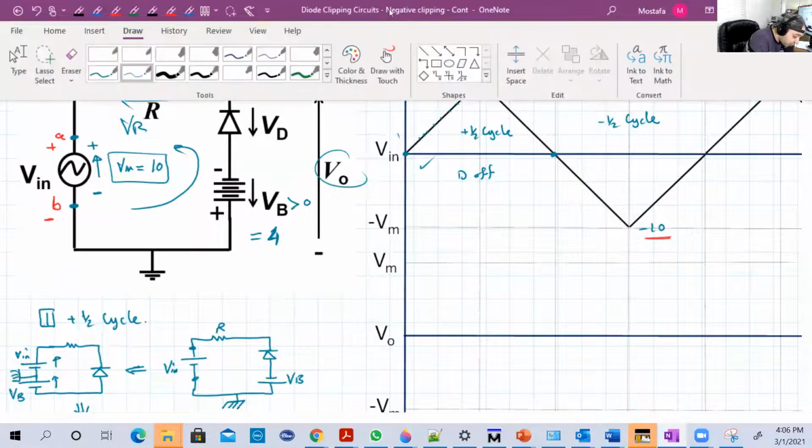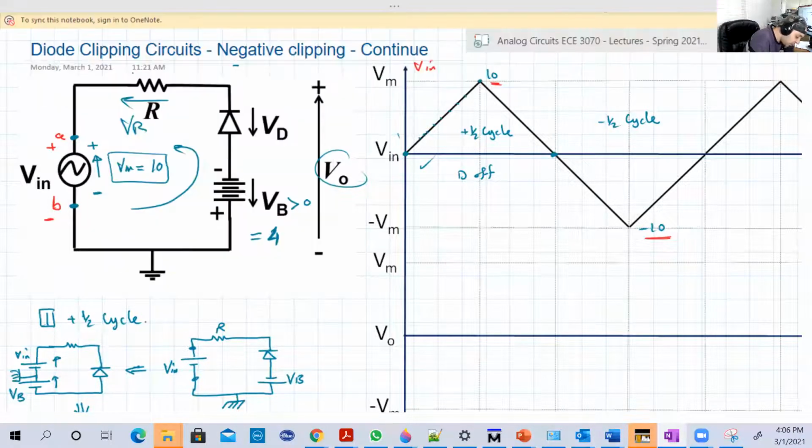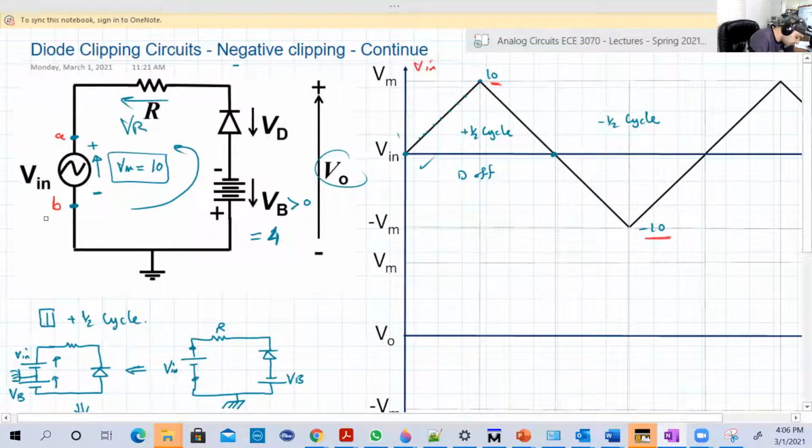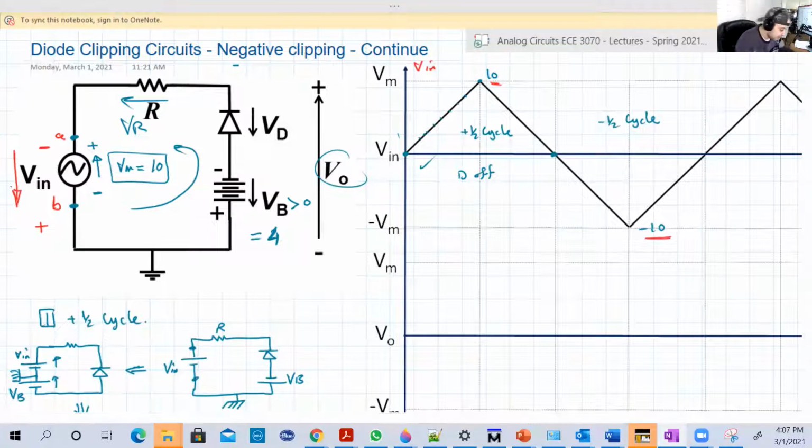But for the negative half cycle, I'm gonna draw again with red, but I'm gonna flip what we have here. So as a negative half cycle, I'm gonna consider A the negative terminal of the V input. Remember, V input is an AC wave or AC signal, and B is the positive, and the direction will be in that way. That's very important because you're gonna derive Kirchhoff's voltage law based on that new direction, and this will change many things.